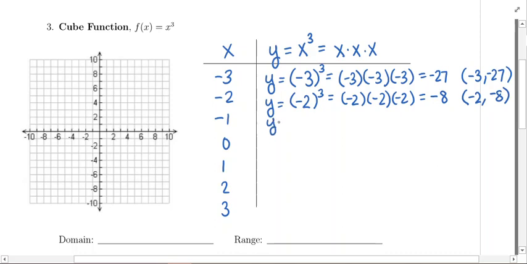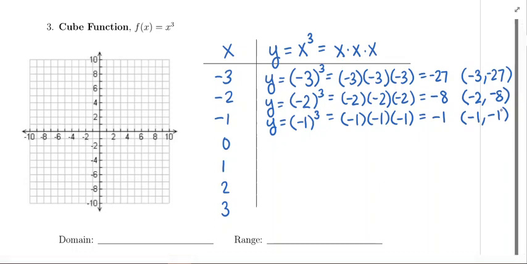We're going to take -1, the x value, and cube it to get the y value. This means nothing more than -1 times -1 times -1. If we simplify, -1 times -1 is +1 times -1 will give us -1. So you will see if x equals -1, the y value is also -1. So -1, -1 will be a point on the graph.